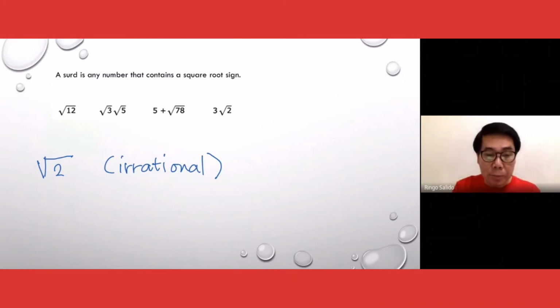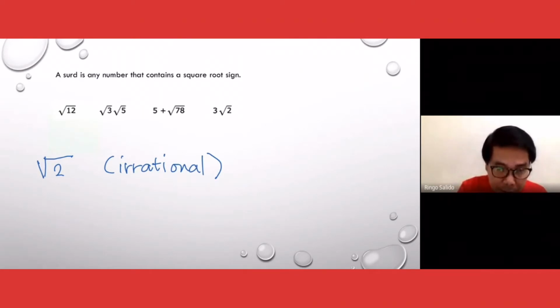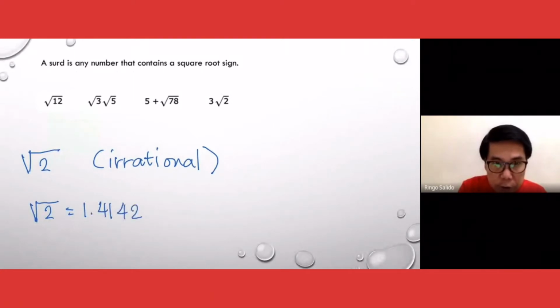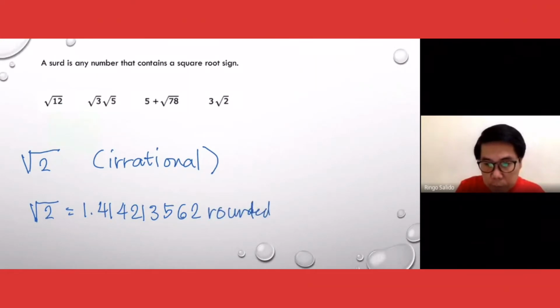The value of the root of 2 is 1.414213562, and this is rounded off to 2 decimal places.